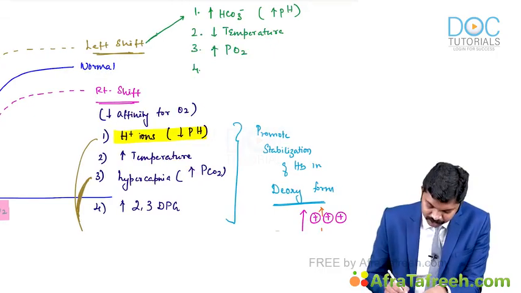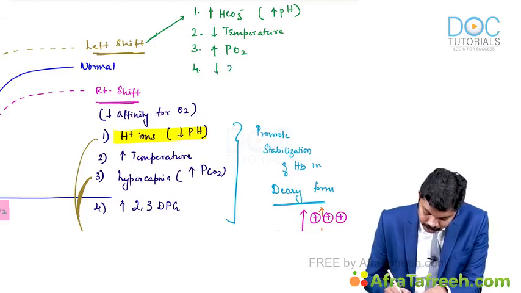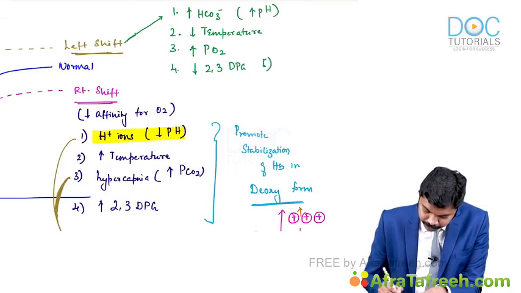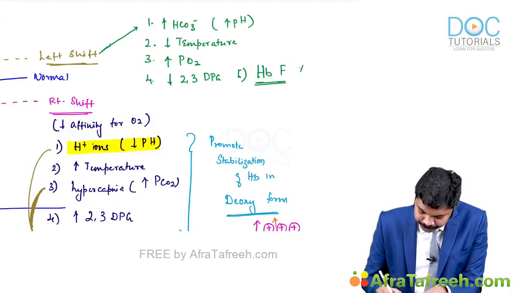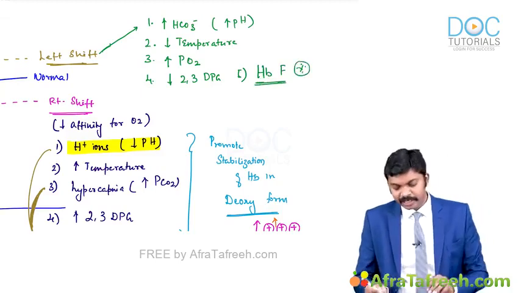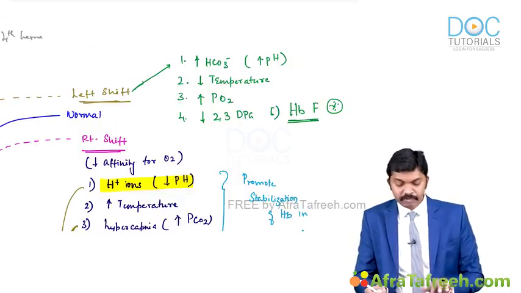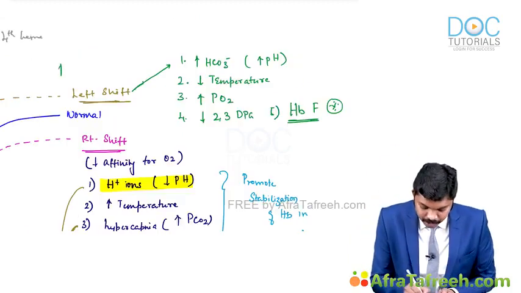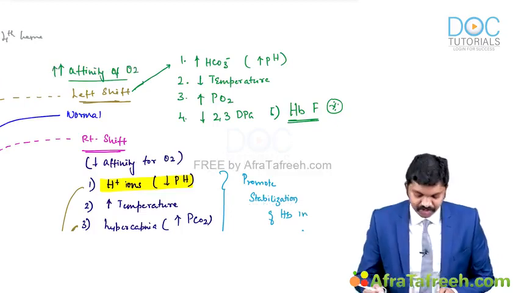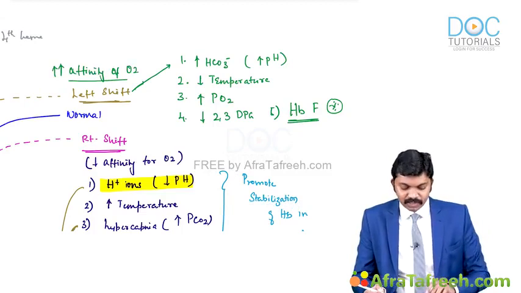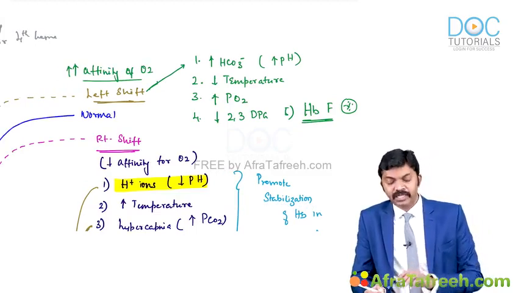Number 4, decreased concentration of 2,3 diphosphoglycerate. Number 5, presence of a different kind of hemoglobin called hemoglobin F, fetal hemoglobin. These are the conditions which shift the curve to the left, which means there is going to be increased affinity. Hemoglobin has an increased affinity for oxygen, and this increased affinity will shift the curve to the left.